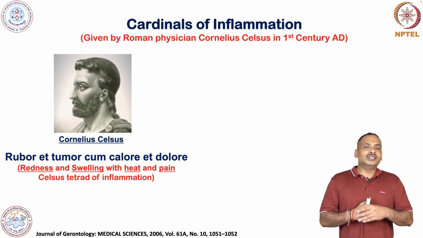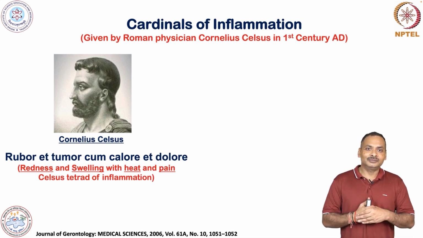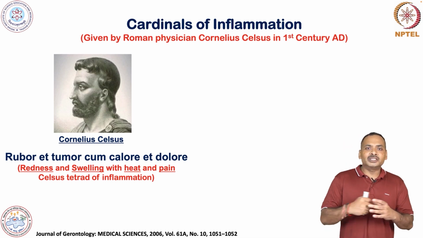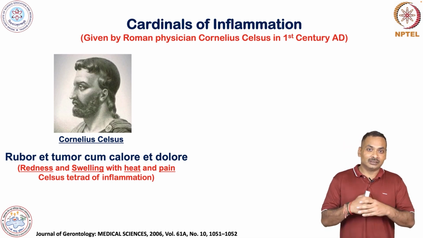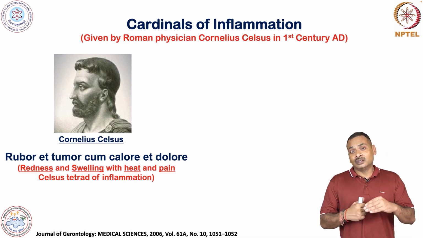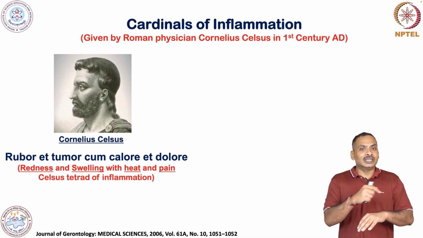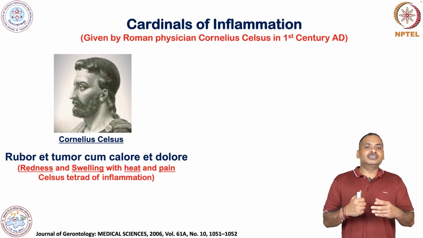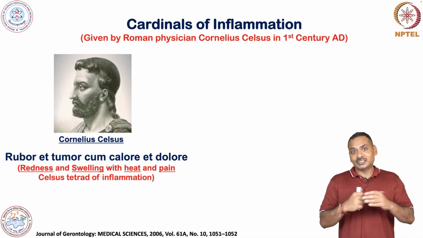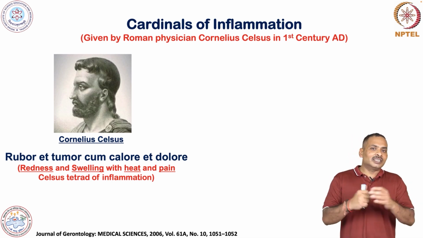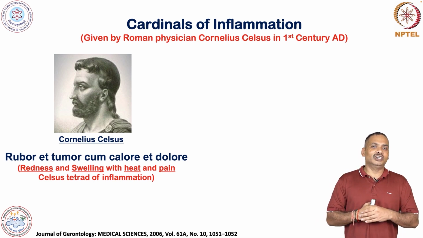So when there is some inflammation, there will be redness, and this redness may be associated with some swelling. This redness and swelling may also be associated with that area being a little warm, and all these things will also have some pain.